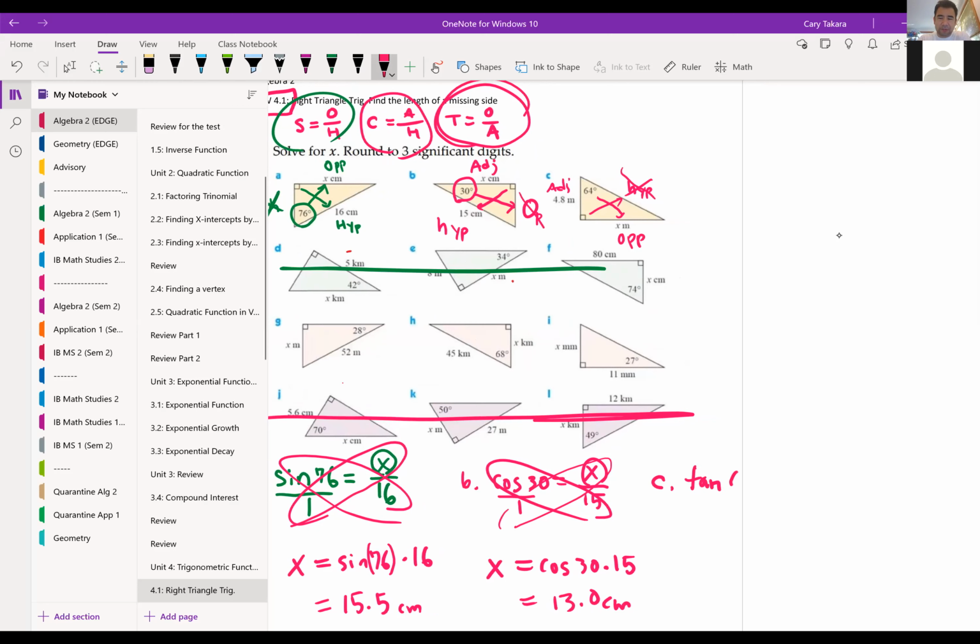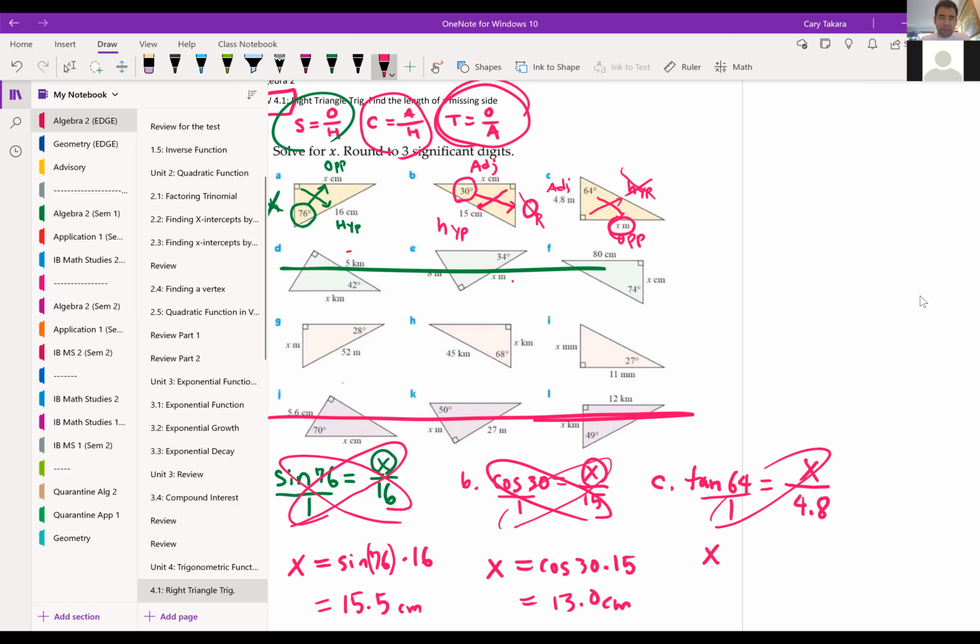Tangent of 64 equals, what is it? It's opposite. What is opposite? Opposite is x, isn't it? Again, x is on the top: x over 4.8. Okay, so then you cross multiply.